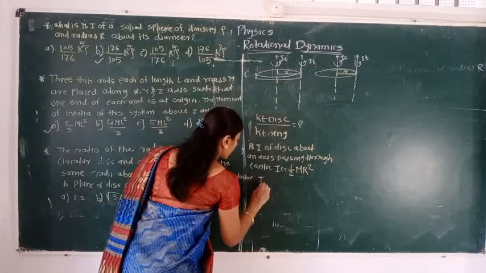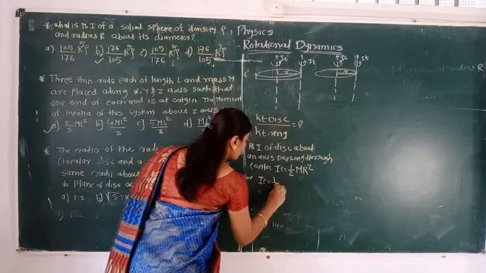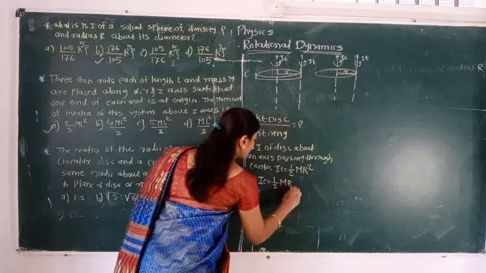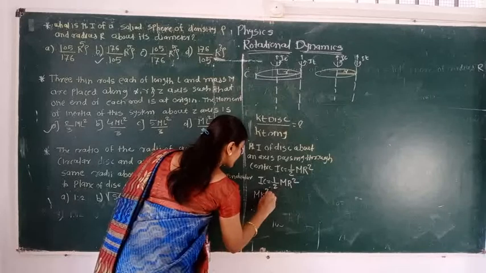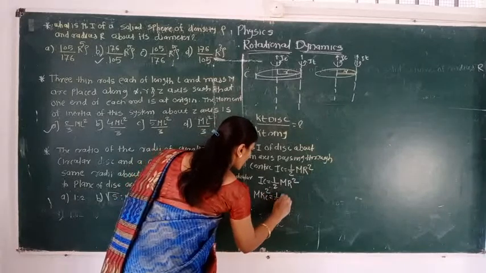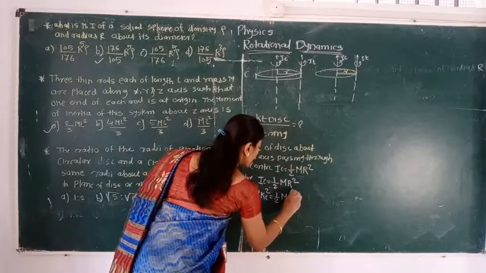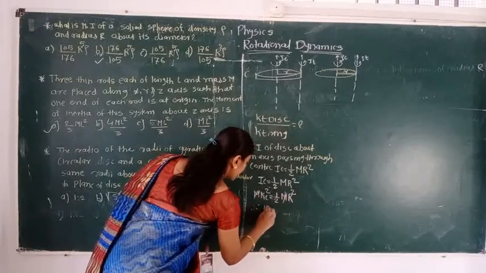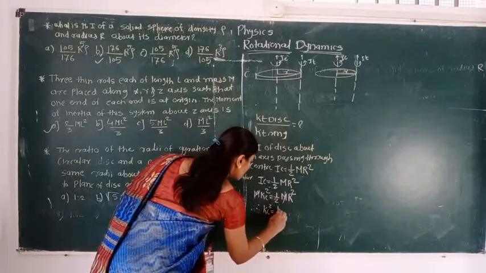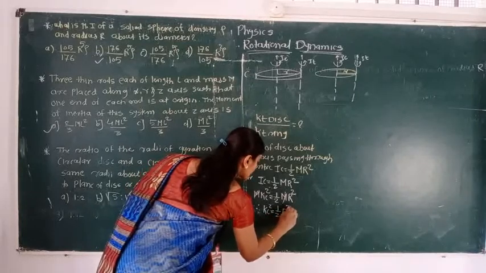So Ic is equal to 1/2 m r², so m Kc² is equal to 1/2 m r². The similar terms cancel. Kc² is equal to 1/2 r².